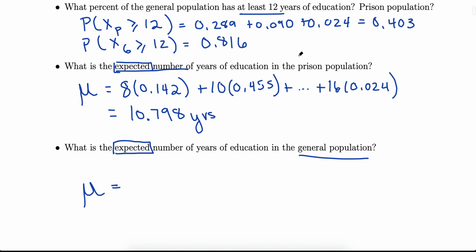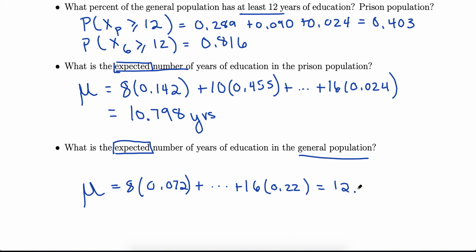So if you work that out, you've got 8 years of education, and in the general population, only about 7% of people had that. And again, if it's okay with you, I'm going to skip, do the same thing for all of them. The last term, 16 years of education, that happened 22% of the time.